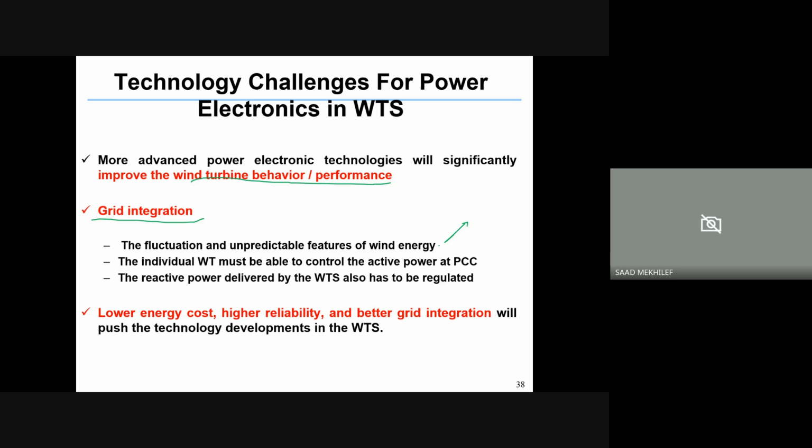The objective for all is to make sure of low energy cost, because we don't want to generate something more expensive than conventional energy sources. We need higher reliability, because people are always questioning how reliable the energy sources from renewables are, and also better grid integration.